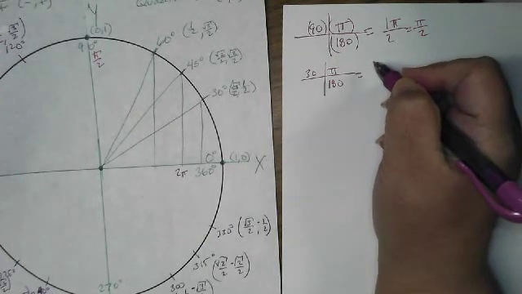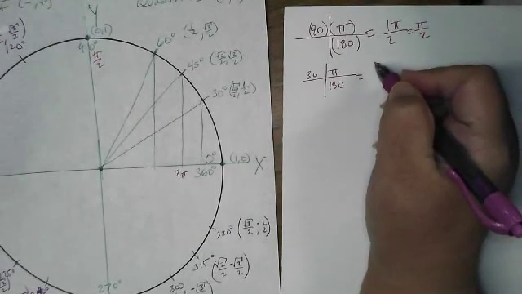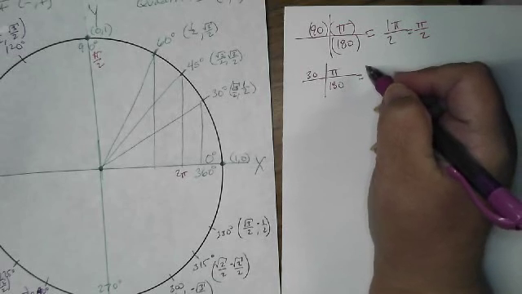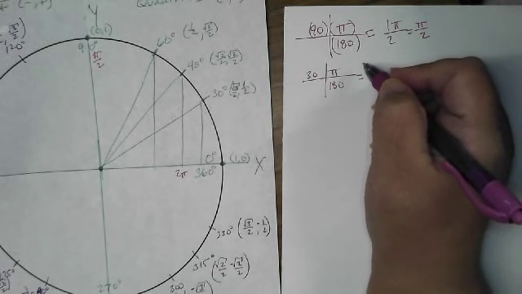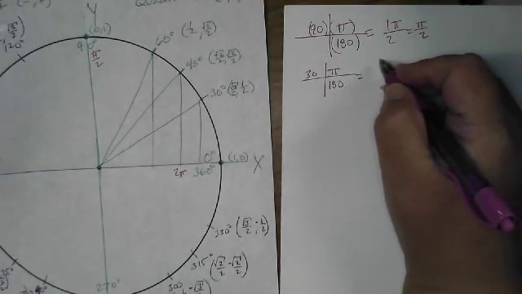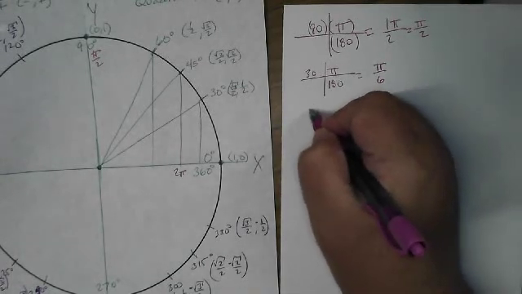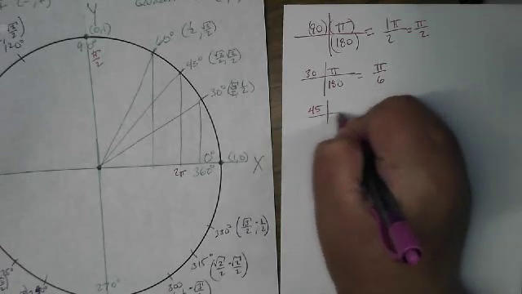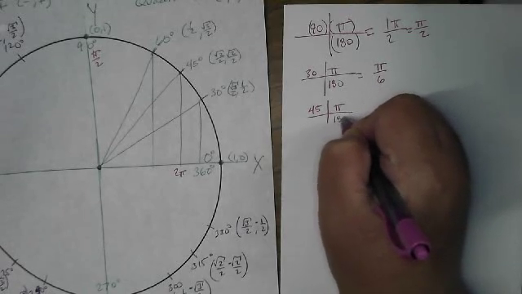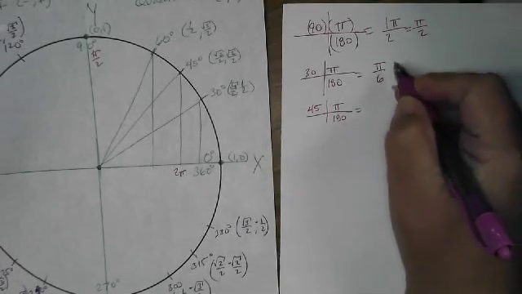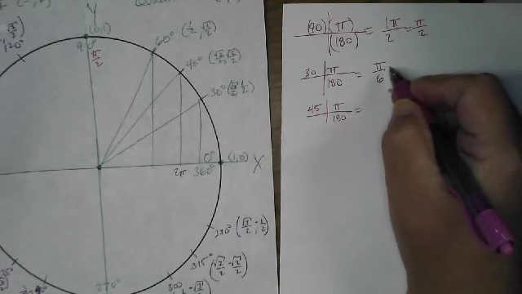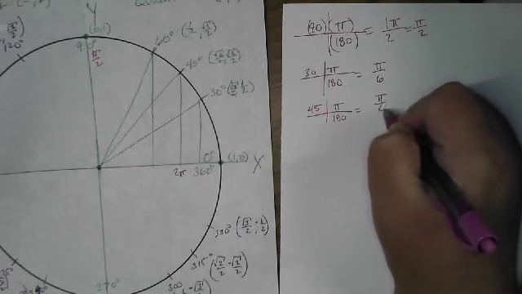So if you did the 30, that would give you pi over 6. If you did the 45, that would give you pi over 4.